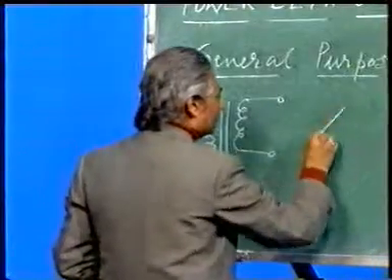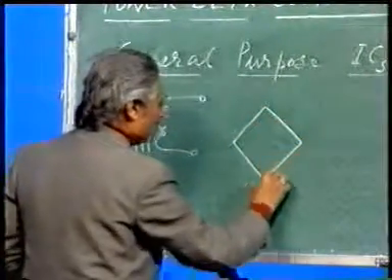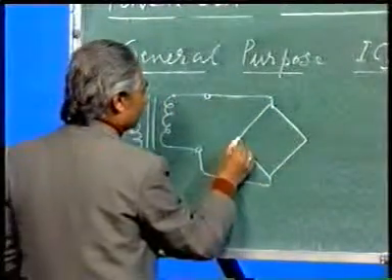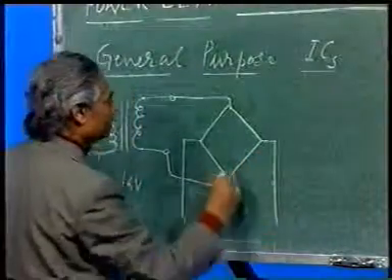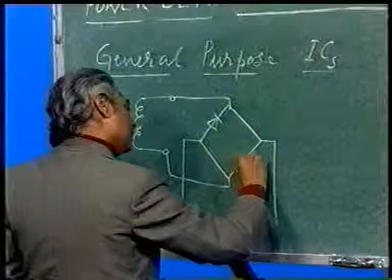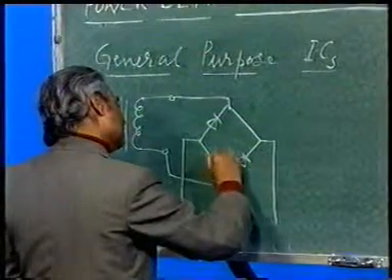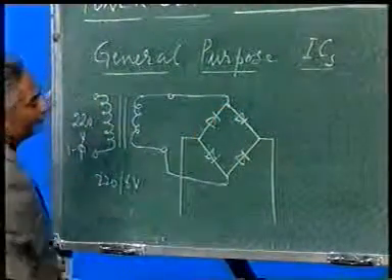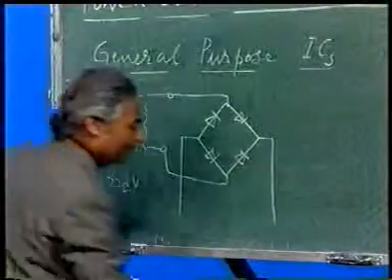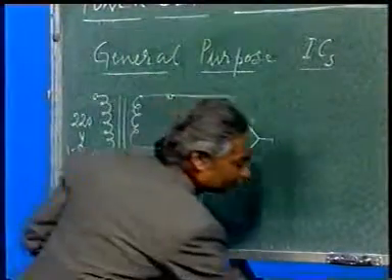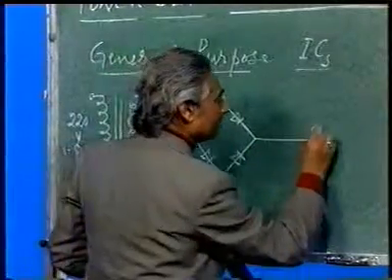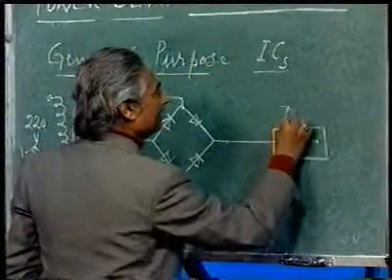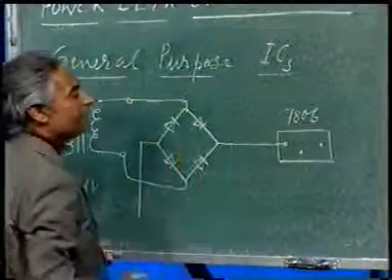Then I put a rectifier, I connect it here, I connect it here, this will be output. Here diode is connected, a diode is connected here, one diode is connected like this, another diode like this. This becomes a full wave bridge rectifier. This will be the output and here we will connect say 7806, which will give me 6 volt output.